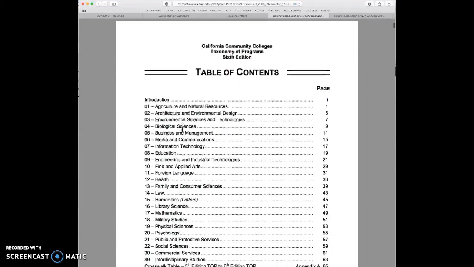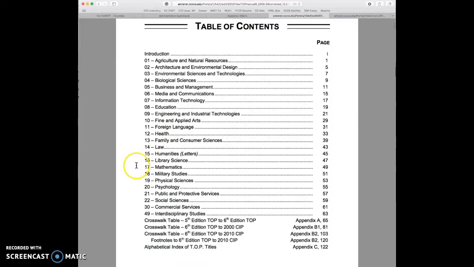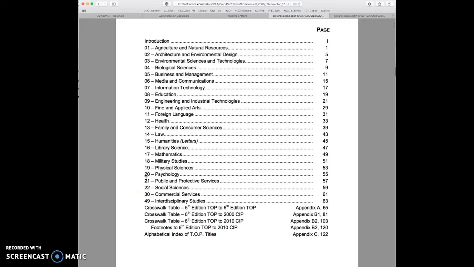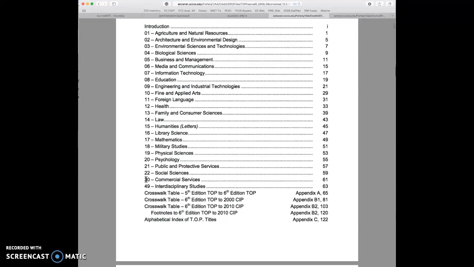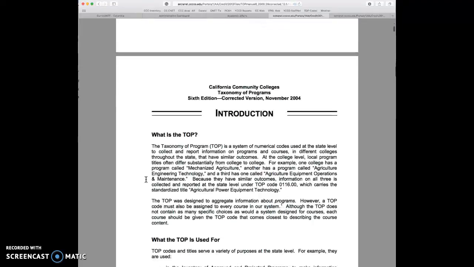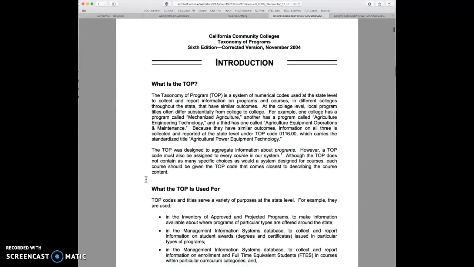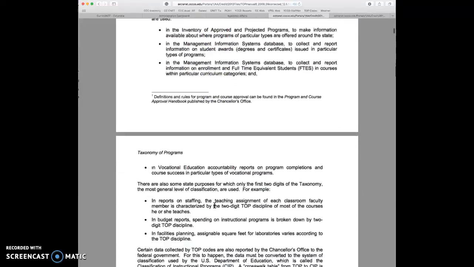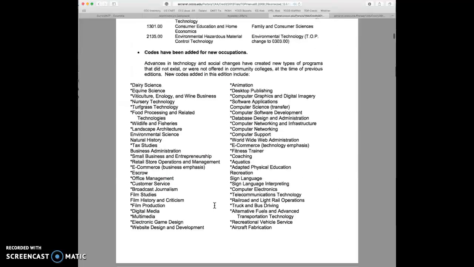And by the way we code our courses, both at the college in our systems and at the state, creates an easy way for us to communicate and deliver data to people. So you can read this and it tells you the role, the purpose and function of the top, but let's drill in and look at some disciplines.